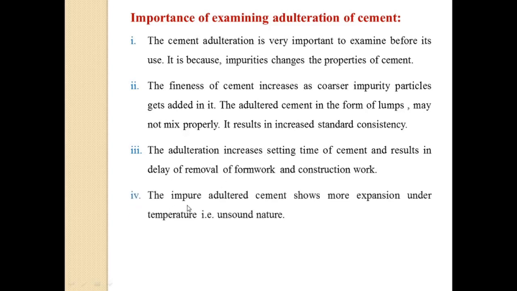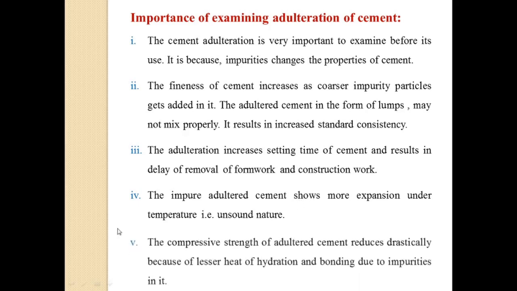Next, impure adulterated cement shows more expansion under temperature, that is, it is unsound in nature. Okay, means in the soundness test conducted on cement, the expansion should not be greater than 10 mm for ordinary Portland cement. And if there is unsound cement, it means excessive lime is present in it.